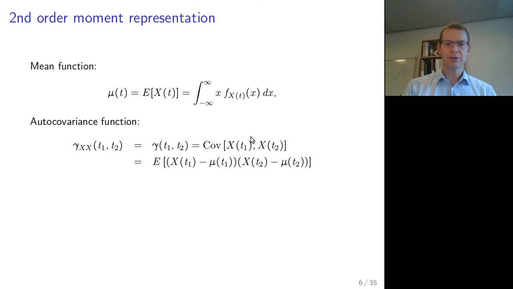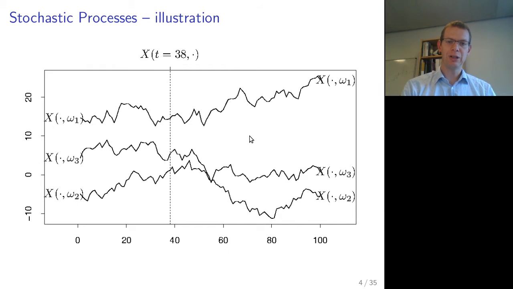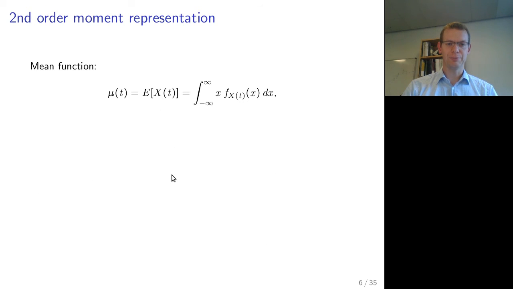If we go back to the slide here, it means that the distribution here is the same as the distribution here. If that is the case, that is strongly stationary. The full distribution has to be the same, not just at one point, but if you shift the time, it should be the same.